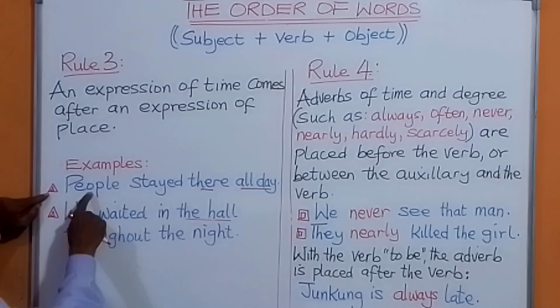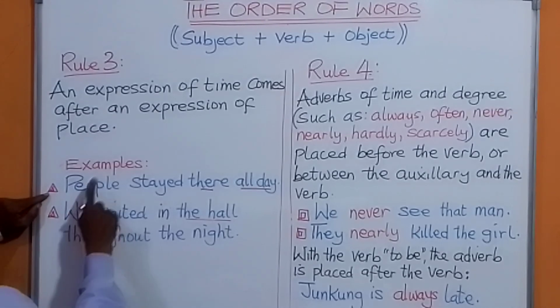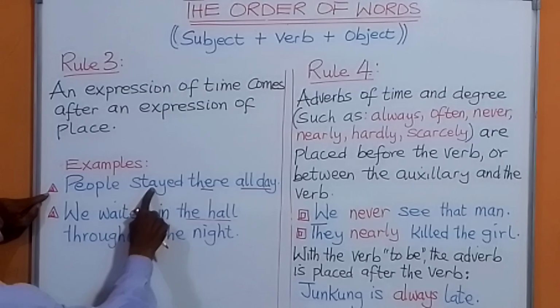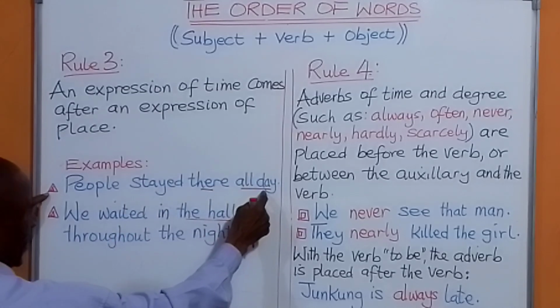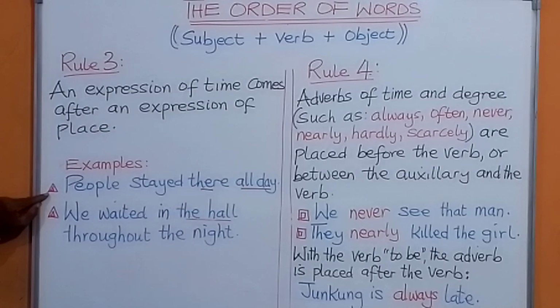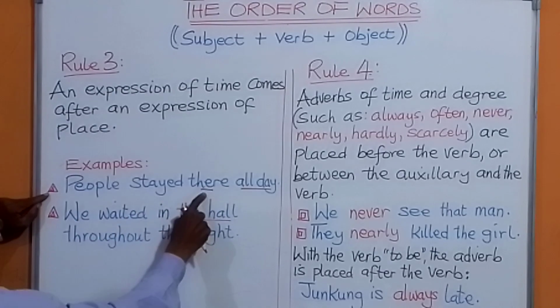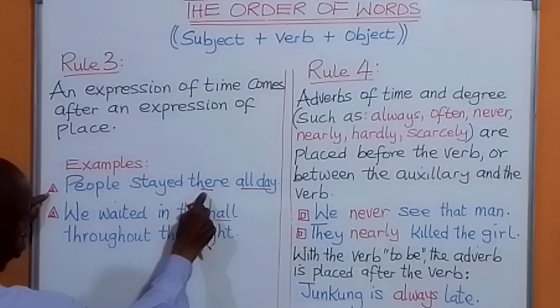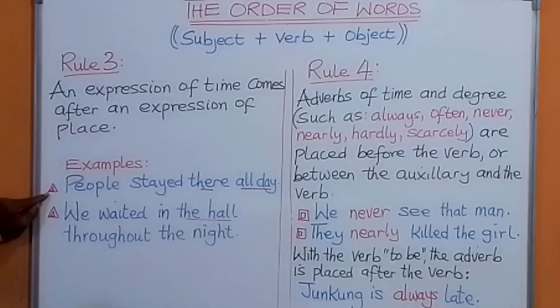So you have the subject, you have the verb, the expression of time coming after the expression of place. This is the expression of place. When you put the expression of place, then you put the expression of time.